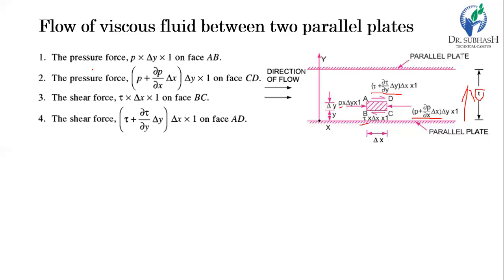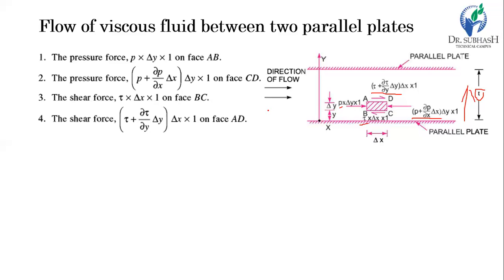So here we have considered two types of forces, pressure forces and shear forces, on the different sides. Now let's consider this to be in equilibrium, so the net force acting on the volume ABCD is equal to 0.